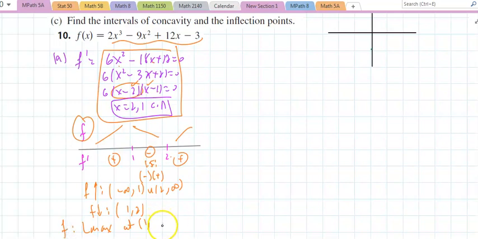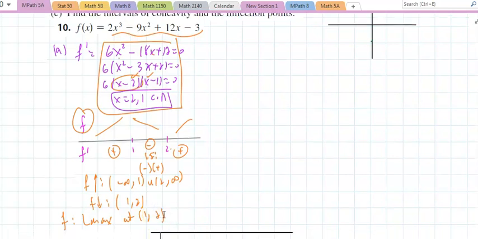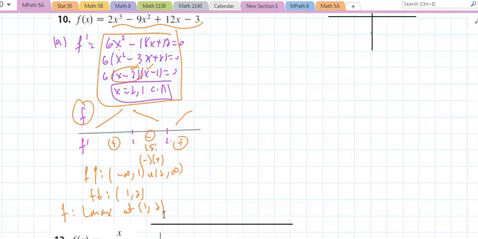I have a maximum at 1, and what is that? 12, 14 minus 12 is 2. And it seems I have a minimum, local minimum, at 2, and if I plug 2 in, I will get a 1. So I already know what I have. Actually, I'm going to finish this in the next video.